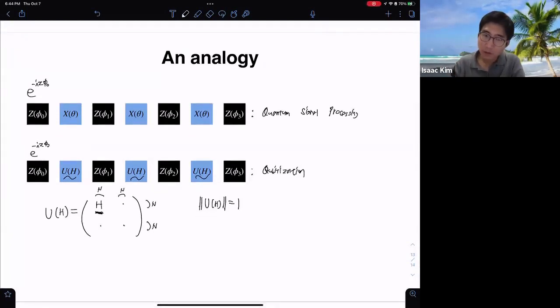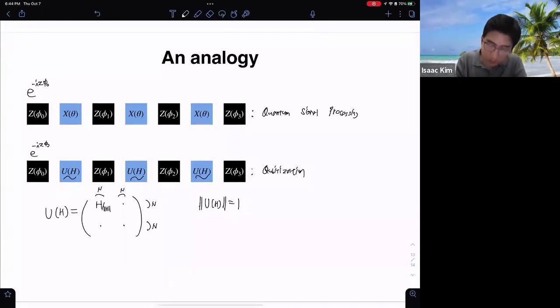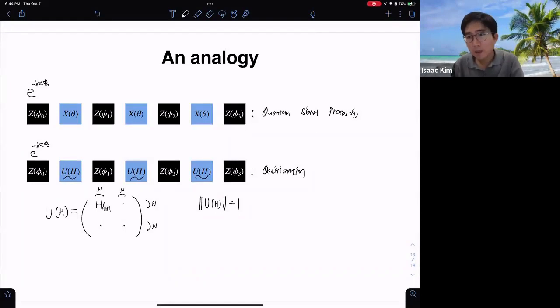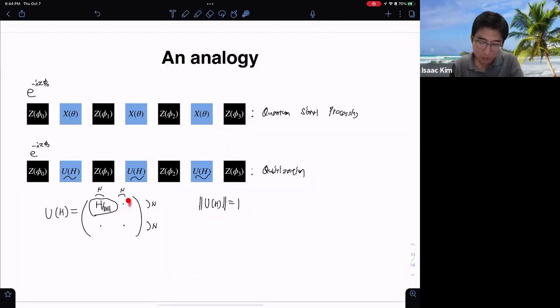So implicitly, what I really meant was that this is H divided by the norm of H. In that case, if you have an operator like that here, then you can always choose the remaining blocks in an appropriate way, such that U of H is indeed a unitary.